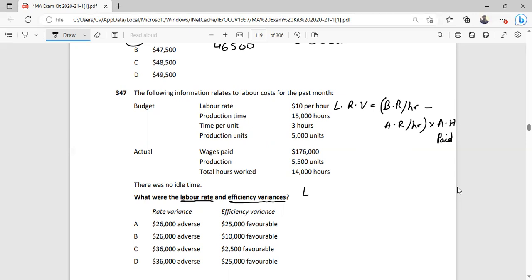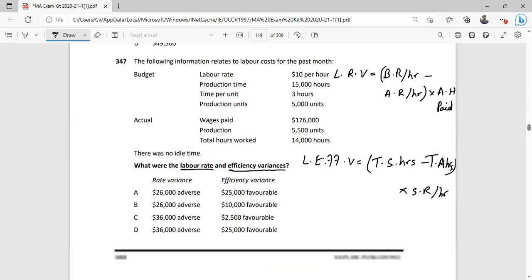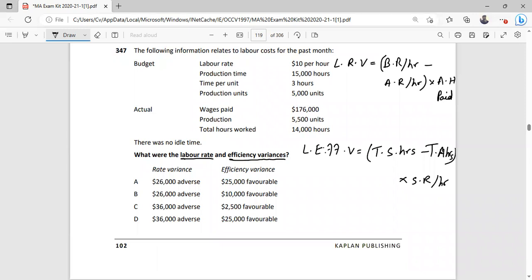This is labor rate variance. And the second one is labor efficiency variance. Labor efficiency variance is total standard hours minus total actual hours, into standard rate per hour. Now total standard hours are not provided in the question, so you will calculate the total standard hours.